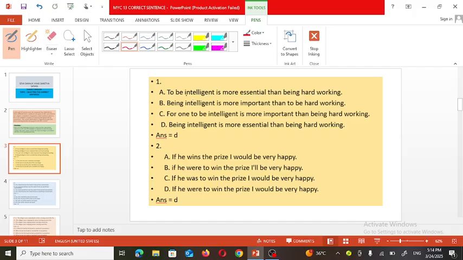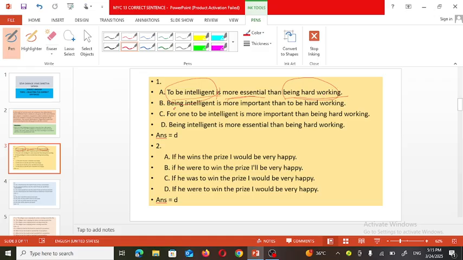First option: to be intelligent is more essential than being hardworking. So what is more essential than what? These two things are compared by this. Here the to-be form is used, and here the present participle is used.